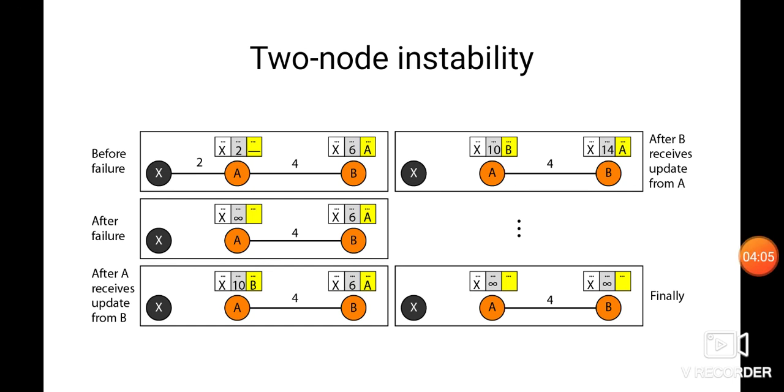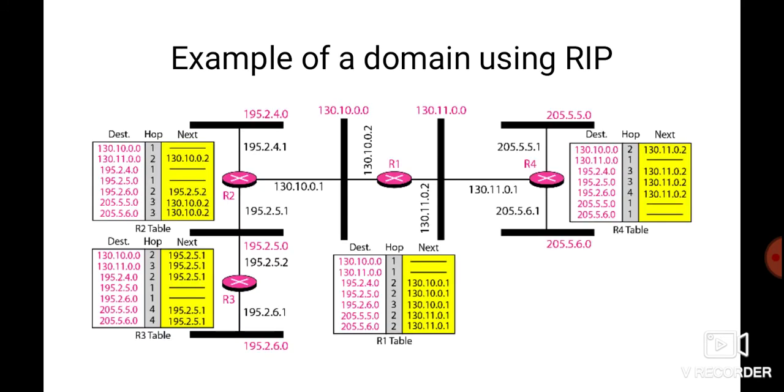So this is the problem in the distance vector routing algorithm. If B does not get A's routing table immediately after failure, then both the nodes will go into some unstable state.